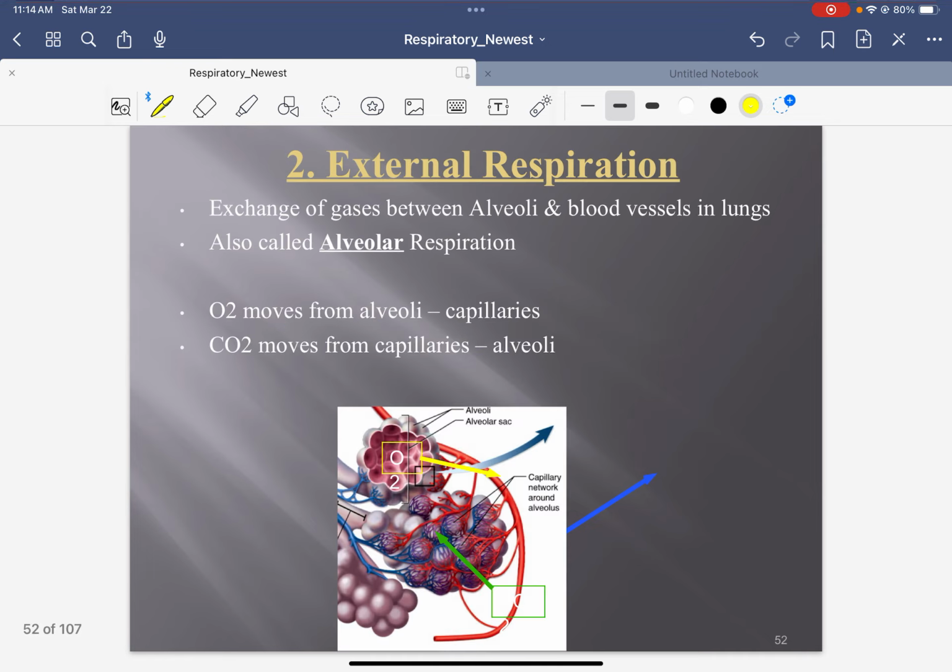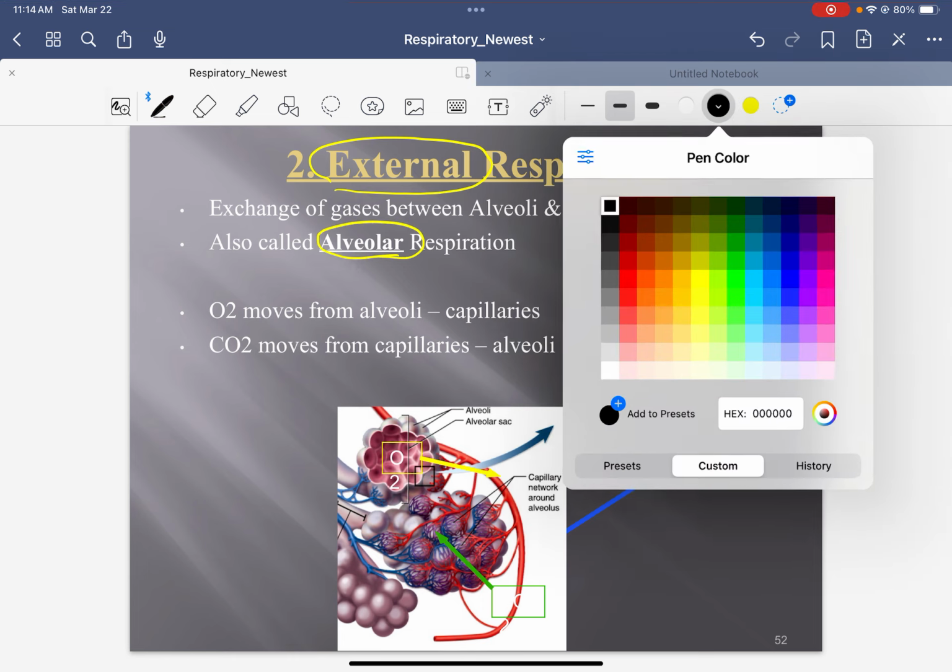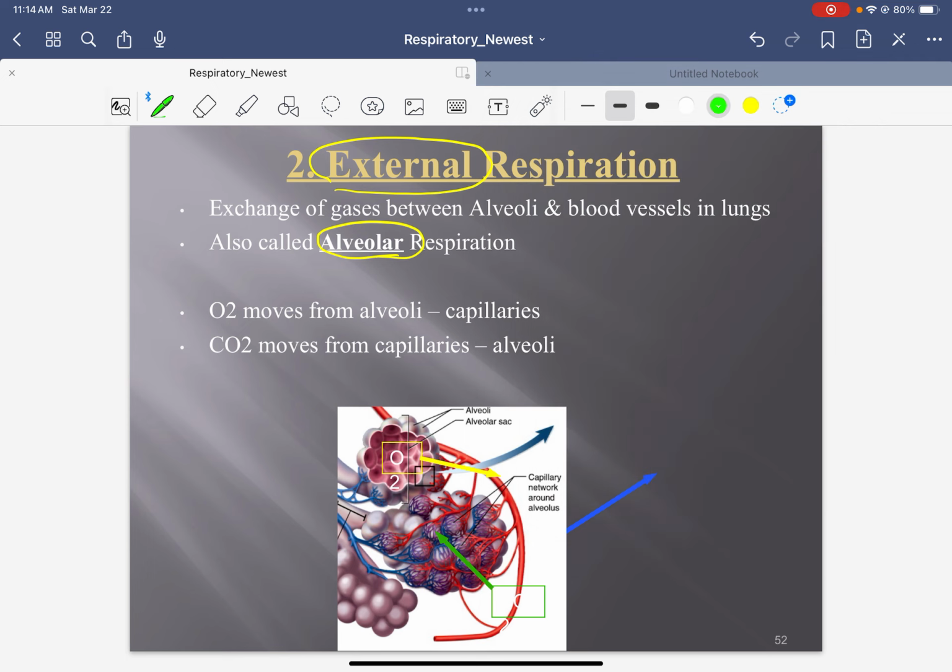And this is called external or alveolar. So we're going to use interchangeably external or alveolar gas exchange. This is gas exchange between the alveoli and the blood, or the lungs and the blood. We bring air in, it makes its way all the way down to the alveoli, and here we have our first gas exchange.